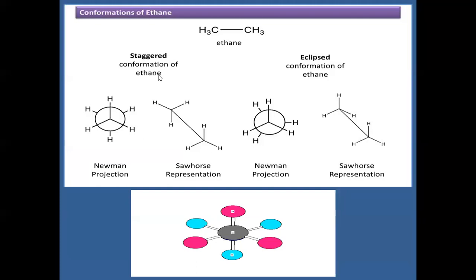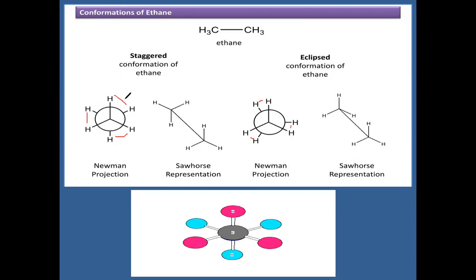Okay, as you can see here in this case, these hydrogens are away from each other, right? And in this case, they are very close to each other. When they are close to each other, there is a repulsive interaction between them. They repel each other, and due to that repulsion they have a high energy because they are unstable, and that's why they are less stable as compared to staggered form.